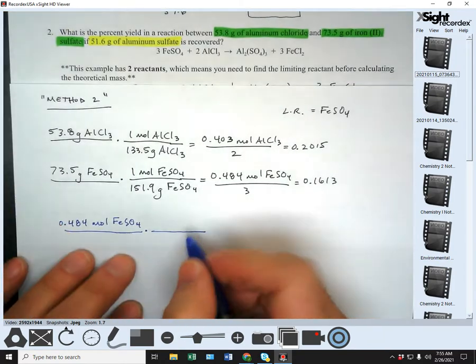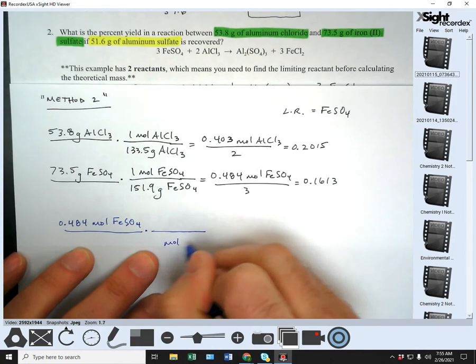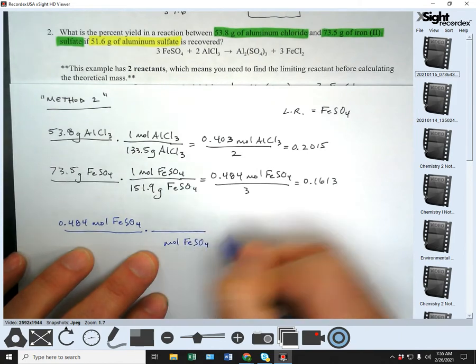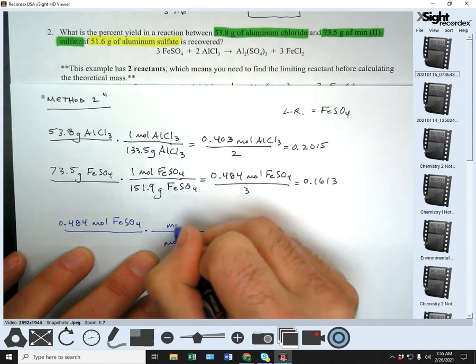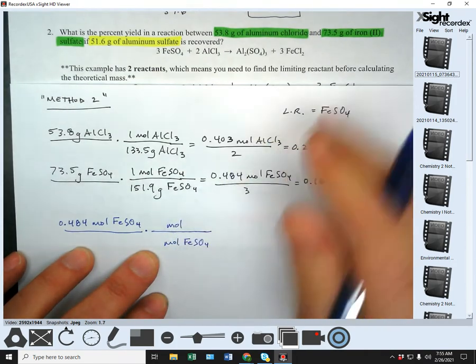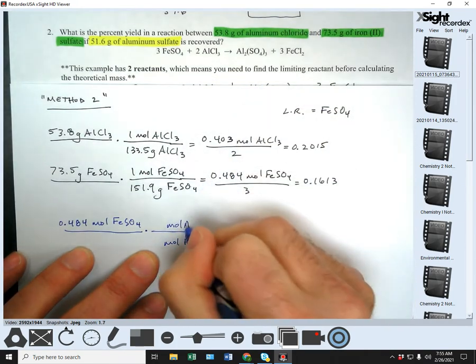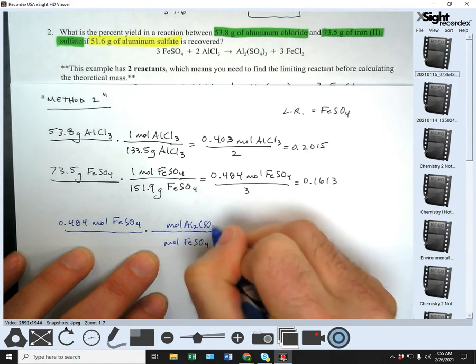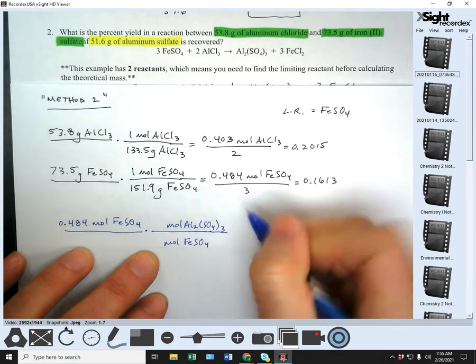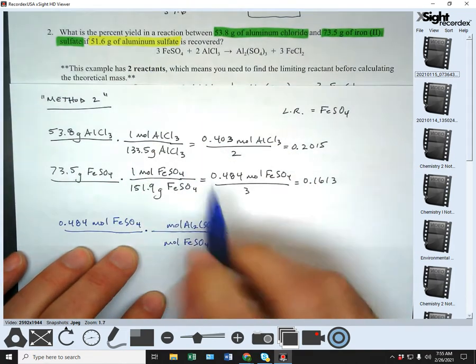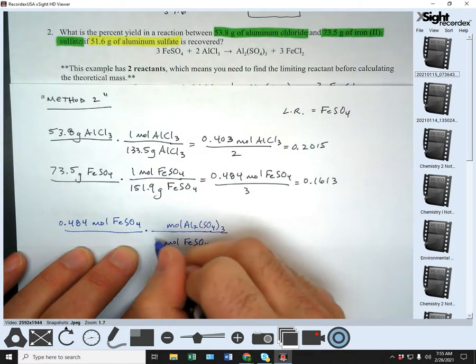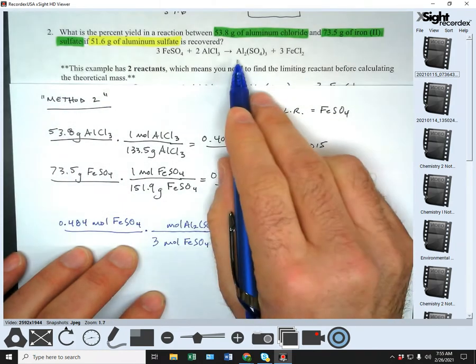Okay, so I'm going to go moles FeSO4 to moles of the aluminum sulfate, the Al2SO43. In front of the FeSO4, these are coefficients, right? So it's a 3. In front of the moles of Al2SO43, it's a 1.